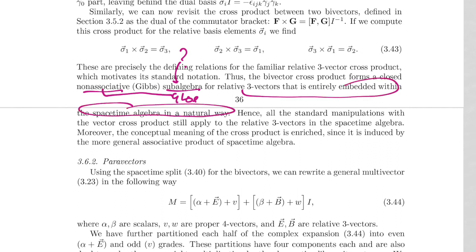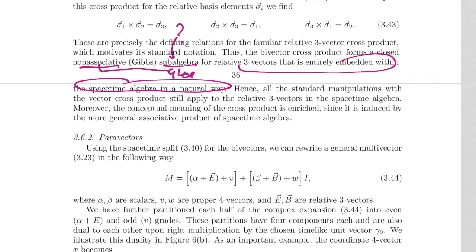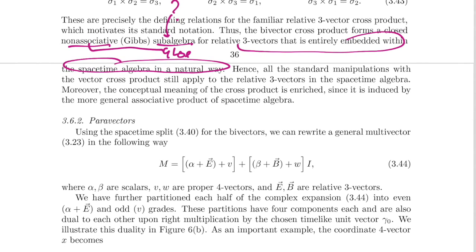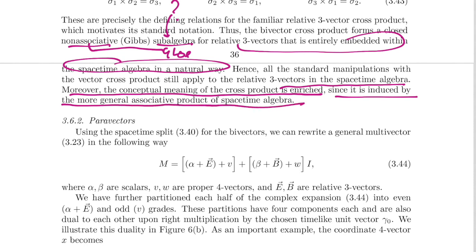That's definitely acceptable. Hence, all the standard manipulation with the vector cross products still apply to the relative three vectors in the space-time algebra. Moreover, the conceptual meaning of the cross product is enriched since it is induced by the more general associative product of the space-time algebra.